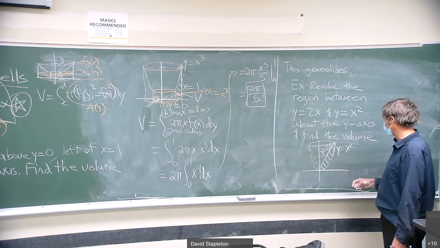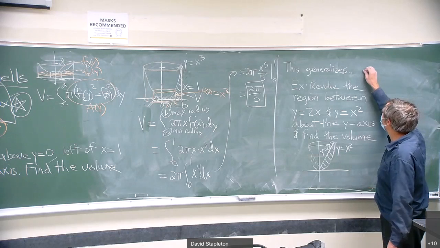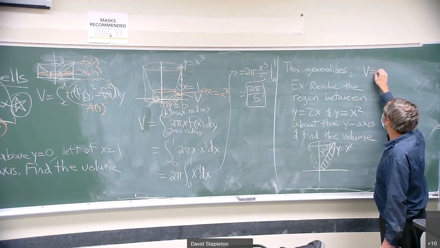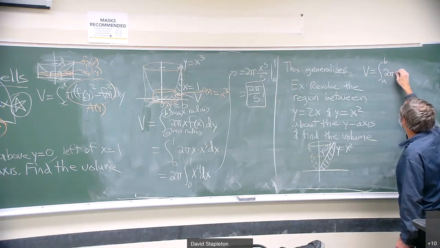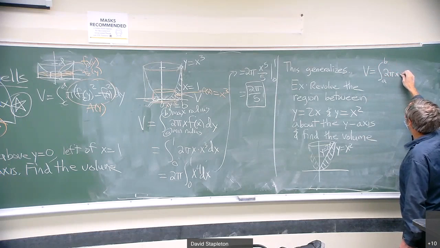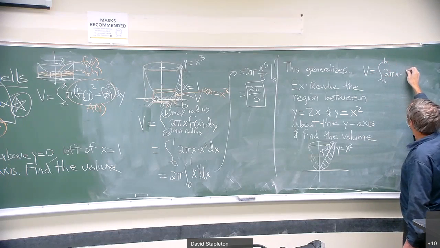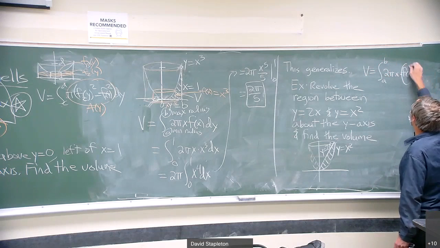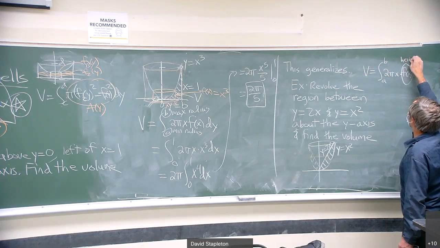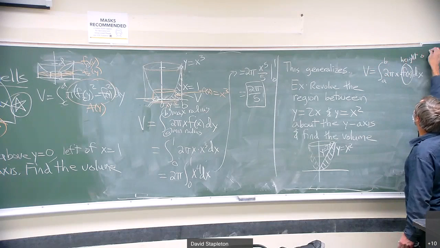So I can't use the formula, but it is completely analogous. I just say volume equals integral from A to B of 2 pi radius height. I'll write the same formula, but now f of x is the height of the typical cross section instead of the function on top.